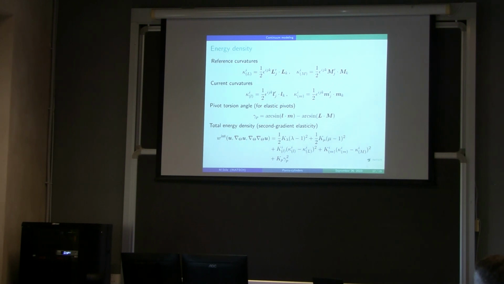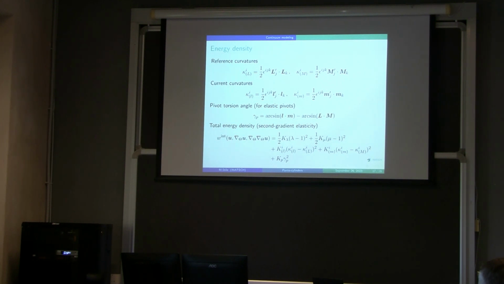So I have to define a curvature in the reference and in the current configuration to find an energy density. And if the pivots are elastic and not perfect, I can also define the torsion angle, the angle between the fibers that gives me a twist of this pivot.